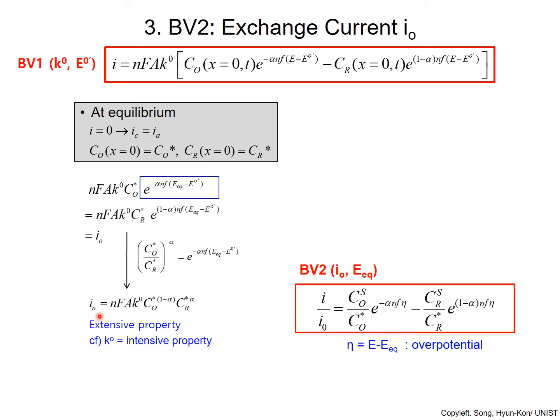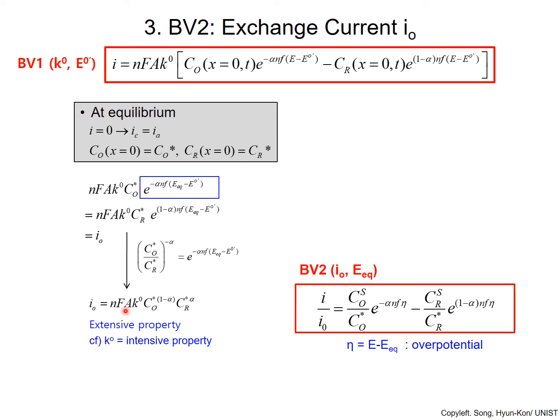That is to say, the exchange current is proportional to the electrode area. It means if you use a larger surface area electrode, then you could obtain a higher exchange current.